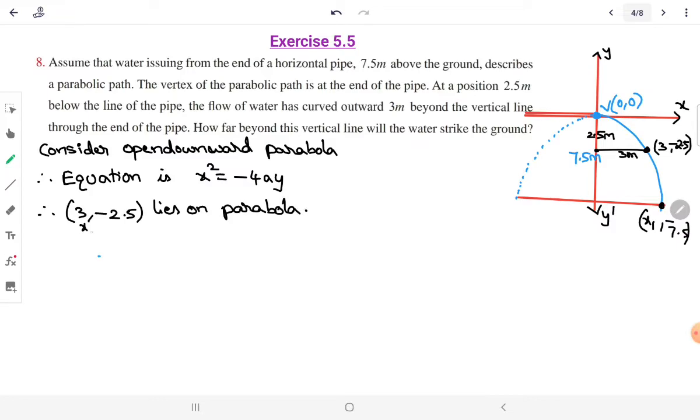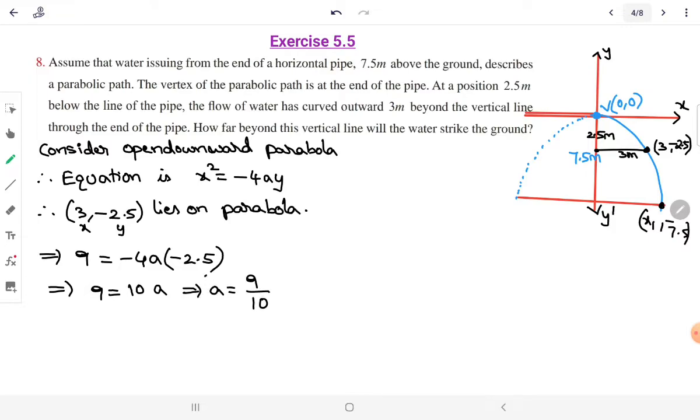So consider this as x and this as y, and substitute in the equation. x square is 9, which equals minus 4a into y, and y is minus 2.5. Minus into minus is plus, and 4 into 2.5 is 10, so 9 equals 10a. So a is 9 by 10.